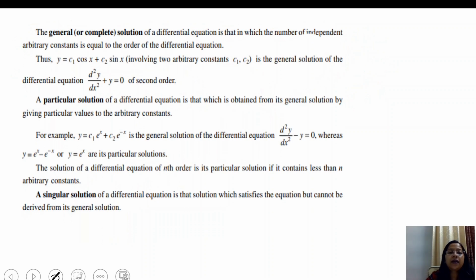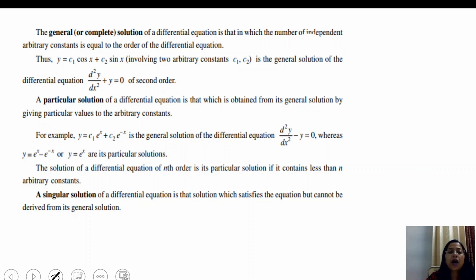Now let's understand what is the general solution or complete solution, right? So always remember, for a differential equation whose order we know, its solution would always have the number of arbitrary constants equal to the order of the differential equation.